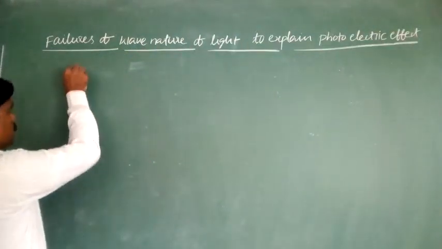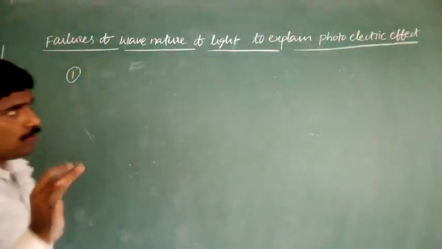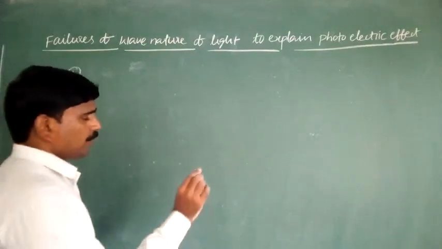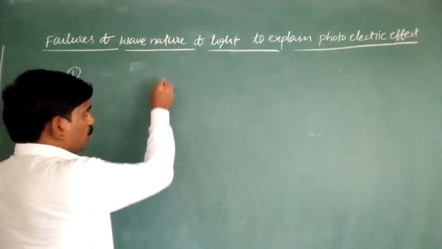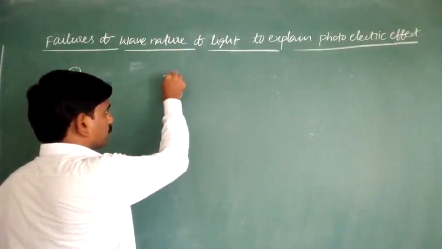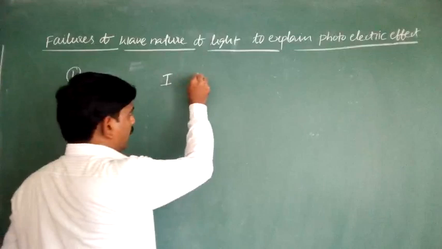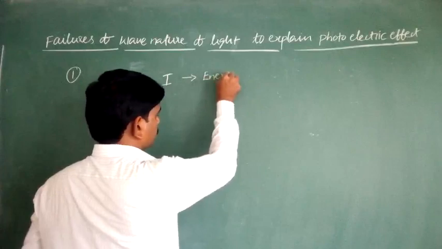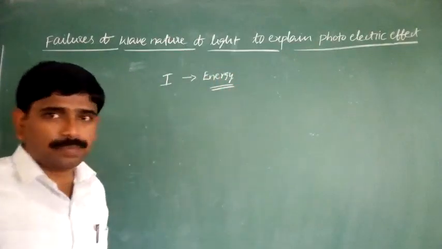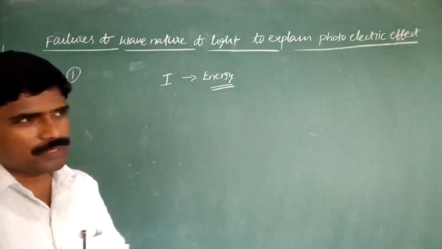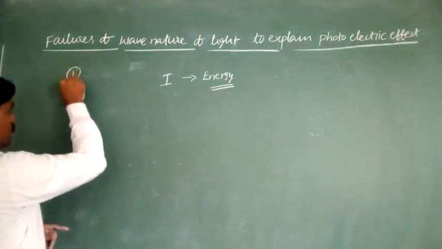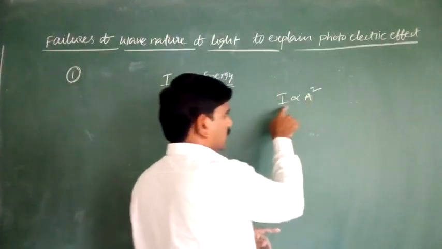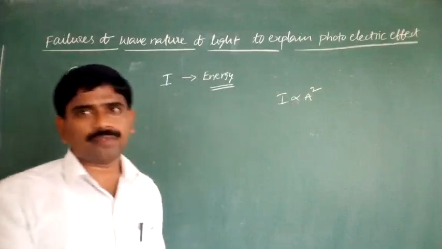First one, try to observe here. According to the wave nature of light, or the wave theory, more intensity means more energy. Intensity is directly proportional to the square of the amplitude.